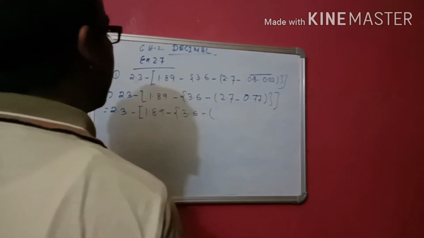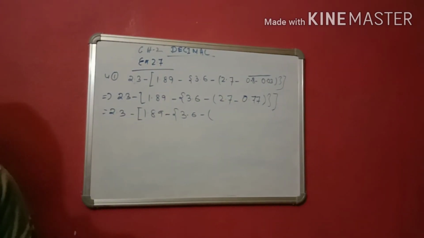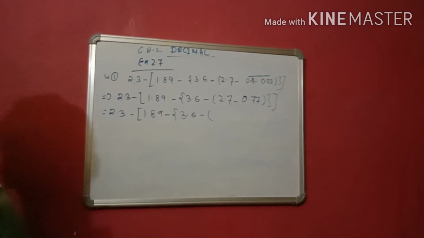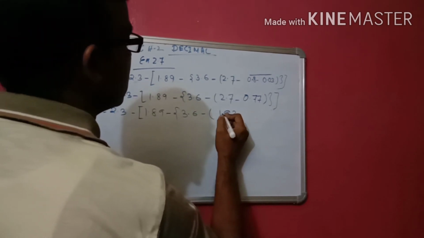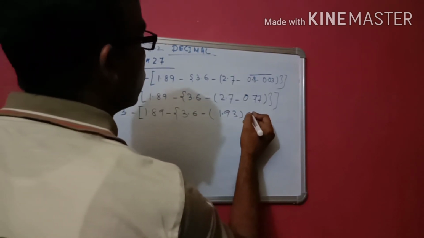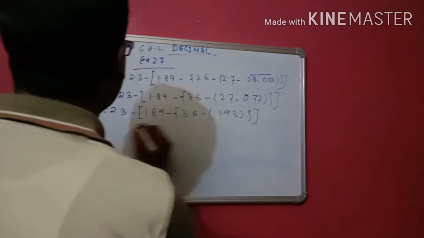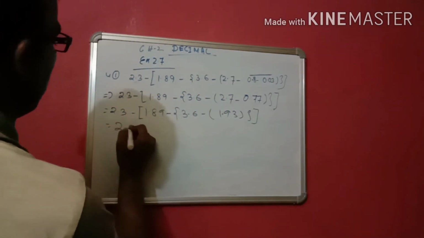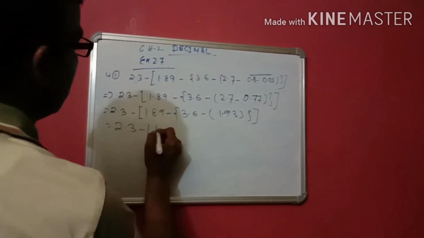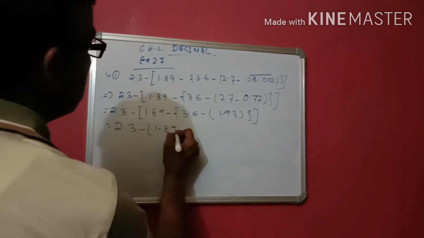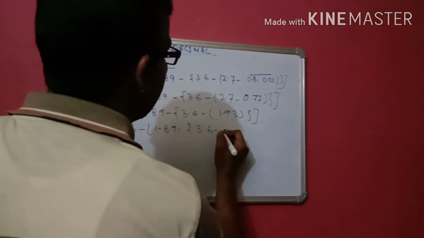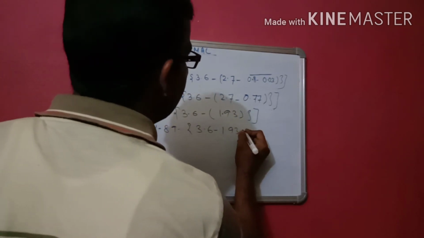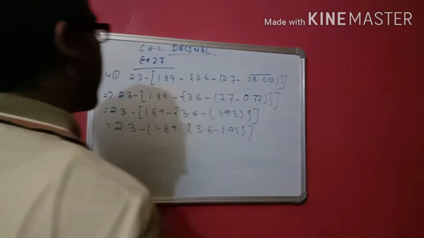After subtracting, we will get 1.93. Now small bracket work is over. Remove the small bracket. So 2.3 minus 1.89 minus 3.6 minus 1.93, curly bracket, big bracket.